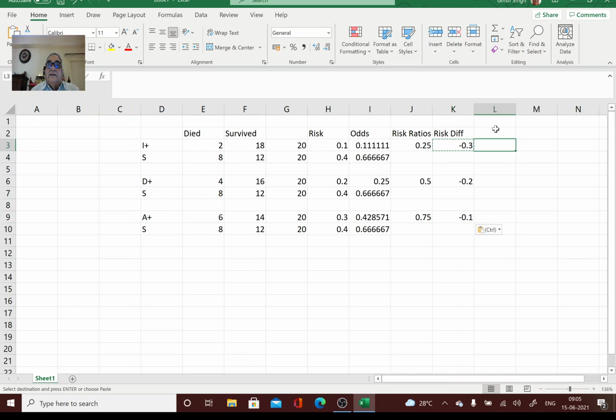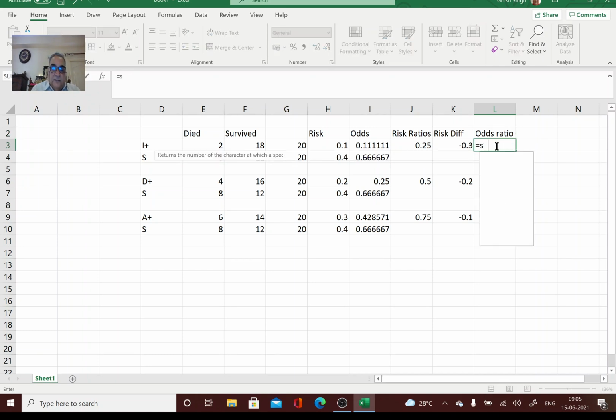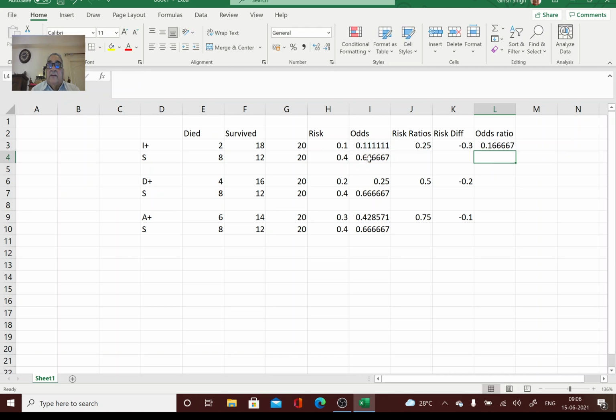Then we have a third measure of association which is called odds ratio. So we come here, we say is equal to sum, and we divide this odds by this odds, and we get a number here, and we copy this and paste it here and here.